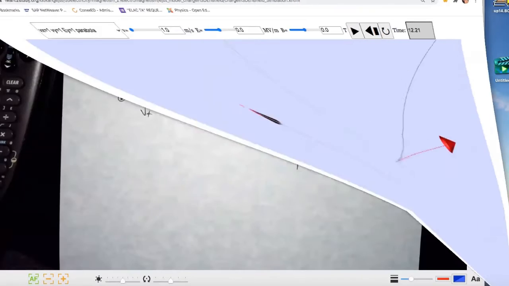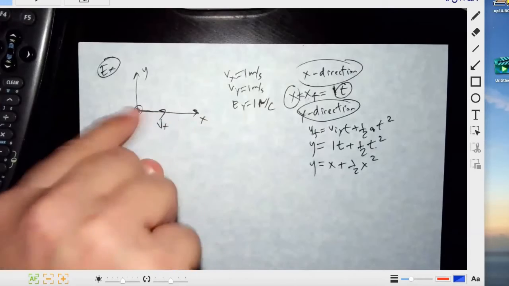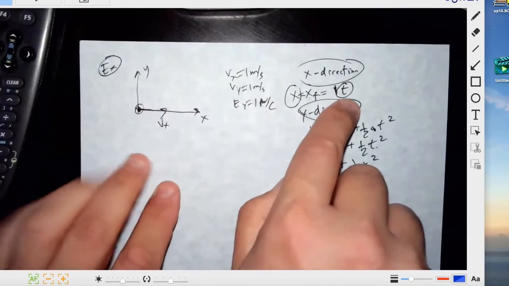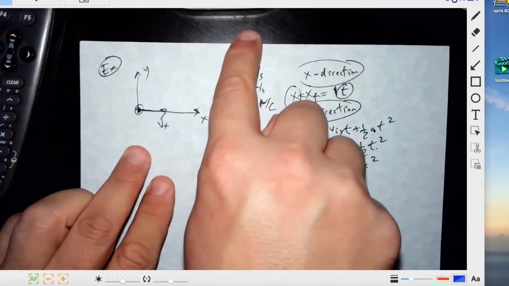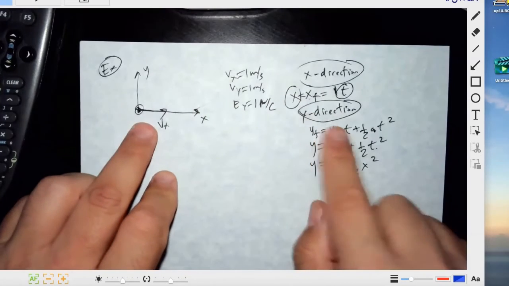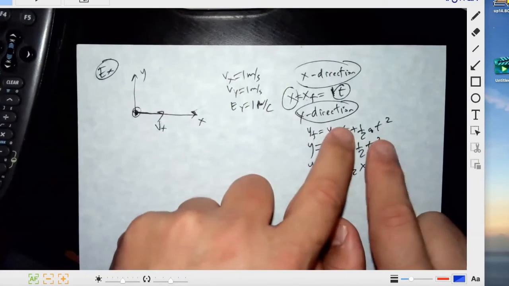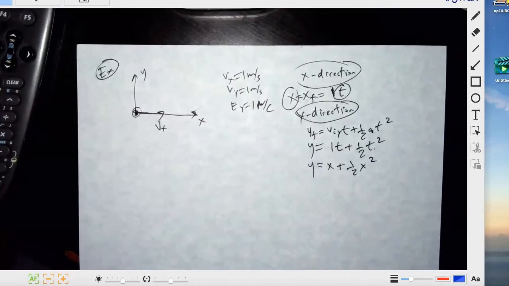The thing is, there's no force in the x direction, so the x direction velocity should stay 1, and so it should just keep going to the right. And then the y direction electrical field is going to make it accelerate in the y direction. So what would be the analogy of this to gravity?